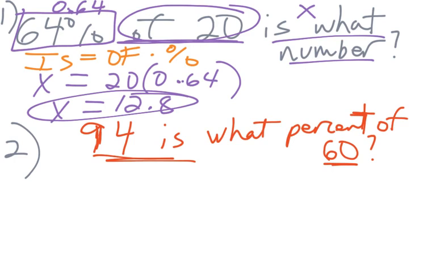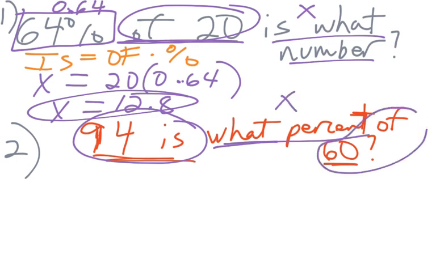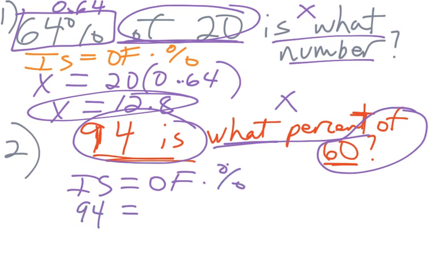So it says 94 is, I kind of already did it for you, right? That's your is value. What percent? So we're actually looking for the percent. That's going to be x of 60. So of is 60. Now let's plug those into the equation. So is equals of times percent. Remember, 94 is our is. The of is 60, and our percent we don't know. That's x.